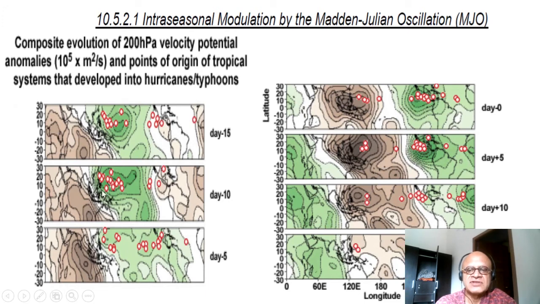So is there a systematic difference in the number of typhoons and hurricanes born based on the wet or dry phase of the MJO, and if so, what is the process?